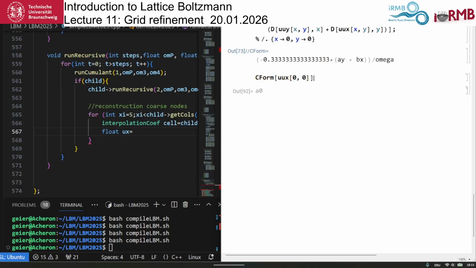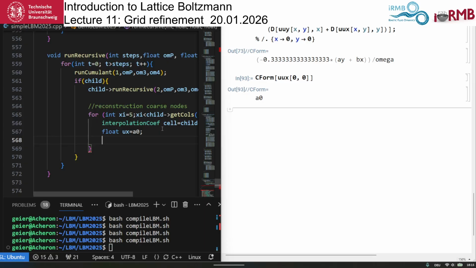That is getting a little bit more complicated later. So here we can simply say this is A0. We have float uy, which is B0.